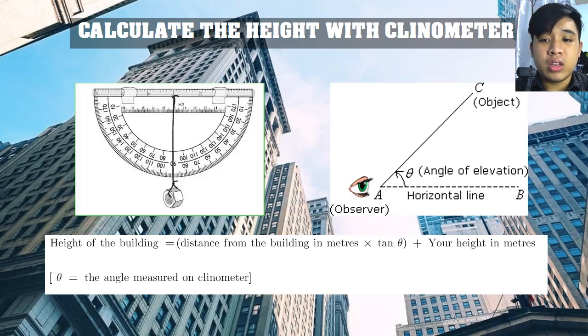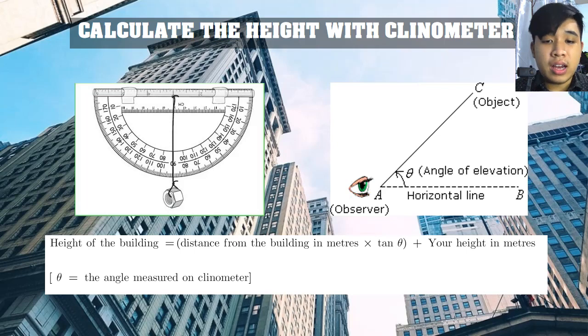Stand straight towards the building. Now, hold the clinometer at the side of your view. From the horizontal side of the clinometer, tilt it upwards so the horizontal line of the straw is pointing towards the peak of the building. Record the angle measured on the clinometer.